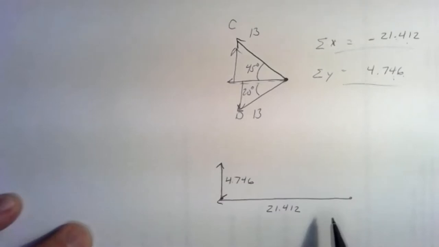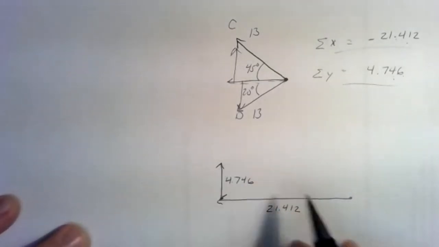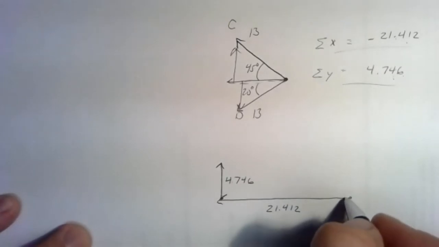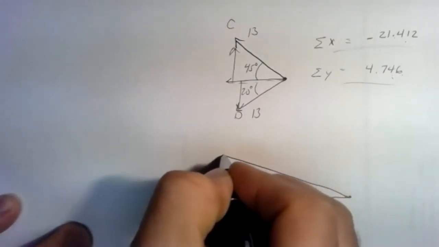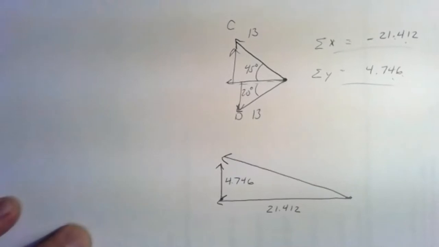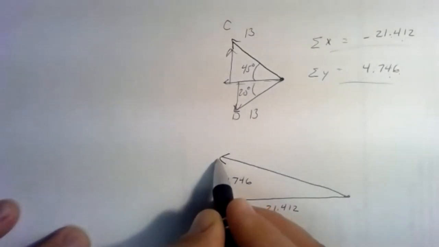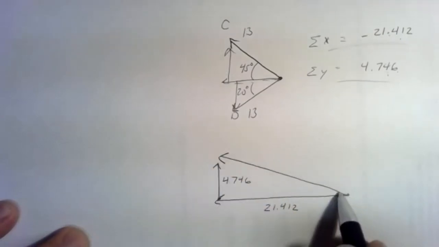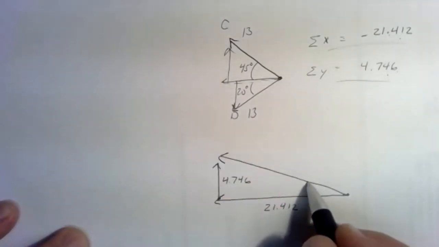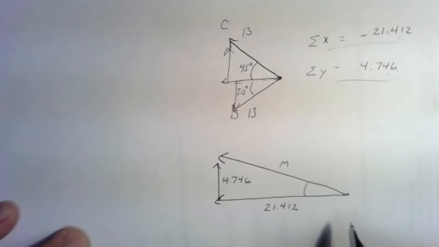So that satisfies the first part of the question. To get the magnitude and direction, you have to add those two vectors together, which is effectively forming that hypotenuse. Since 21.412 to the left plus 4.746 up is going to give you some magnitude at some direction.